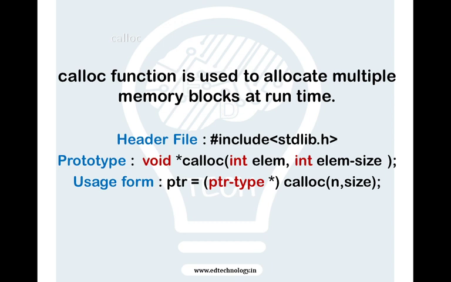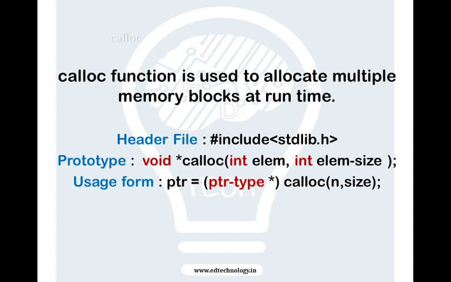Malloc allocates the memory block of given size and returns the pointer to the beginning, whereas calloc allocates the memory and also initializes the memory block with 0. Second, in calloc we are using the number of blocks and the size of each block, whereas in malloc we are not defining the size of each block; we are only using the variable type.